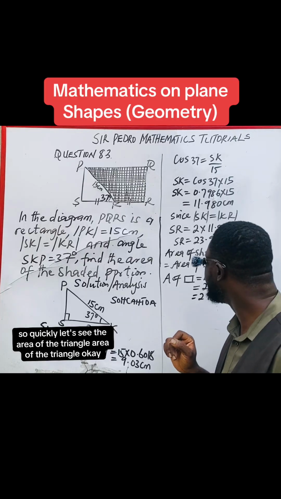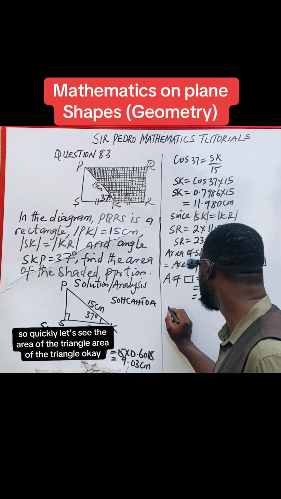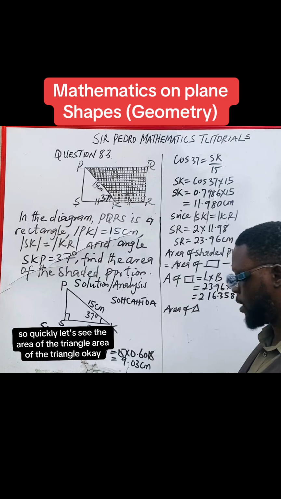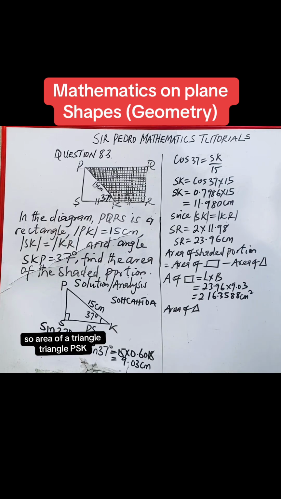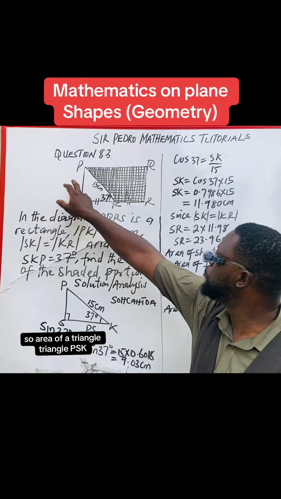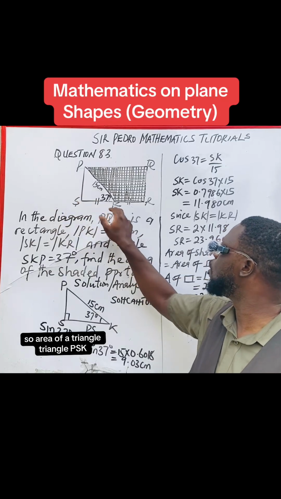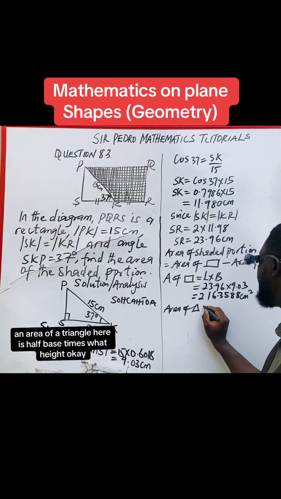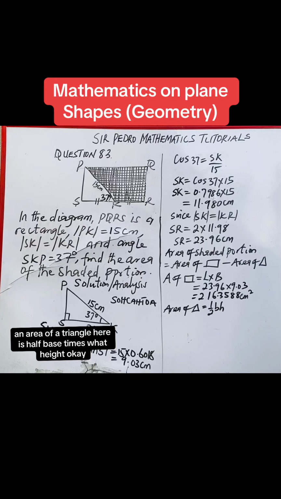Quickly, let's see the area of the triangle PSK. That is the area of the triangle we're looking for. The area of a triangle here is half base times height.